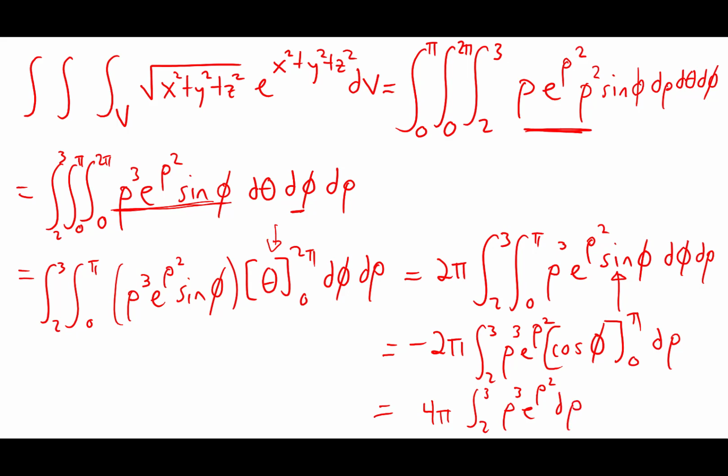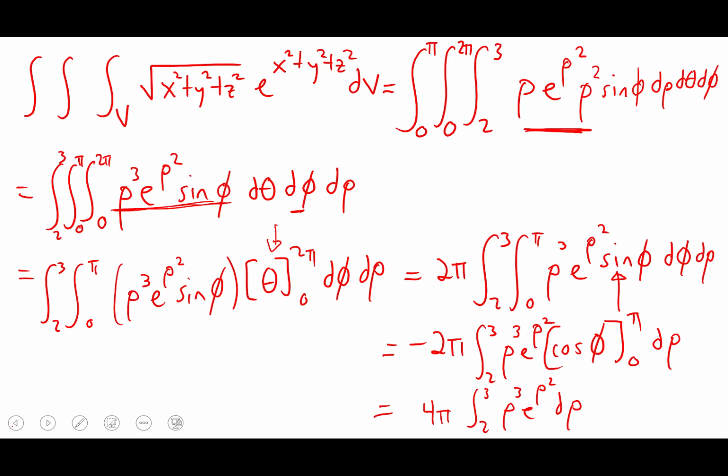All right, so then for our integral, we just have to solve this now. We had the integral from 2 to 3, and we also have a 4 pi: 4 pi integral from 2 to 3 of rho cubed e to the rho squared d rho. First, let's do a u substitution.